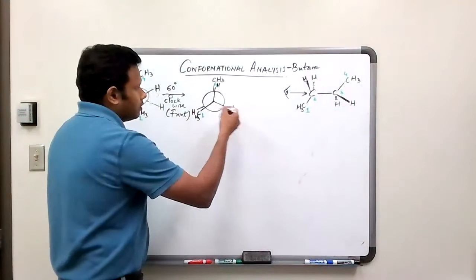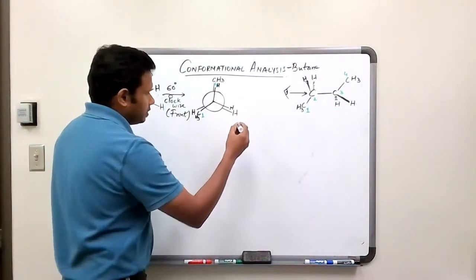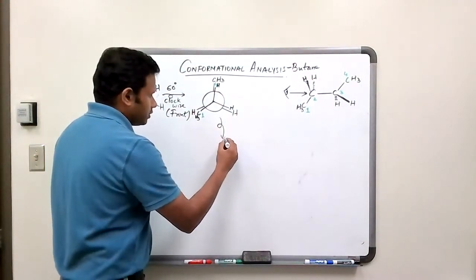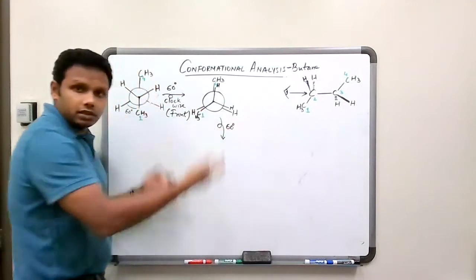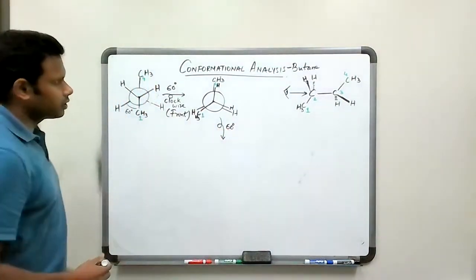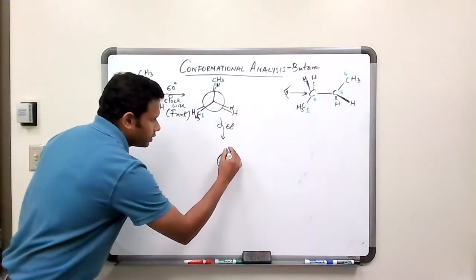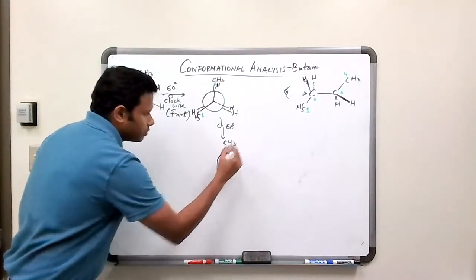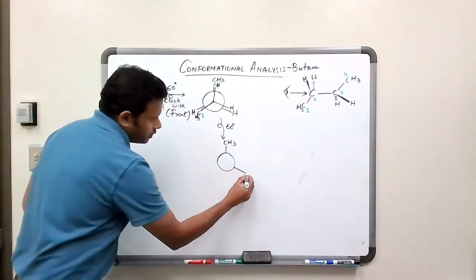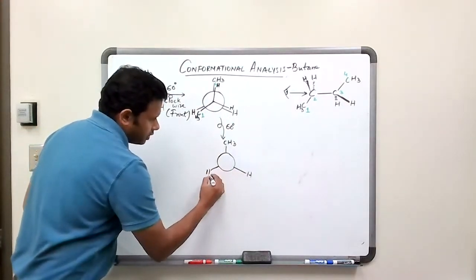Okay, we'll go again. So I'm going to draw another conformation, again 60 degrees clockwise on the front carbon. That is what I'm going to do. So I'll draw the back carbon again. We have the CH3, hydrogen, and hydrogen.